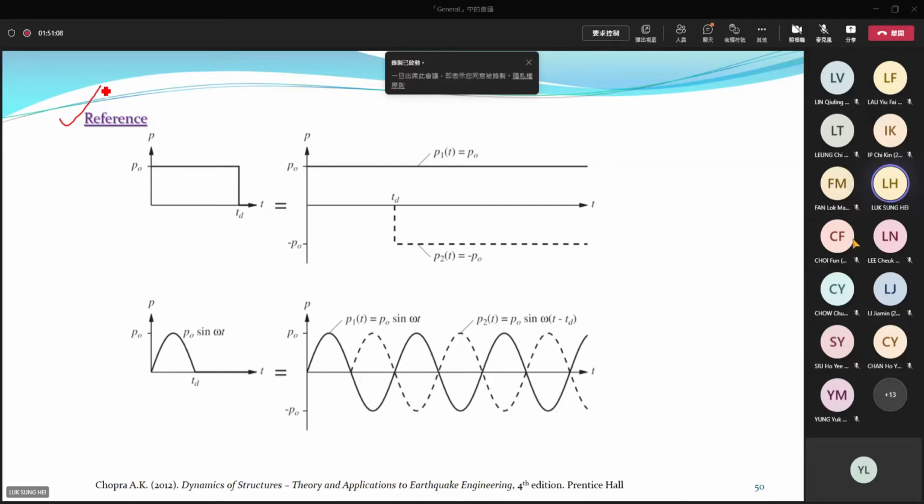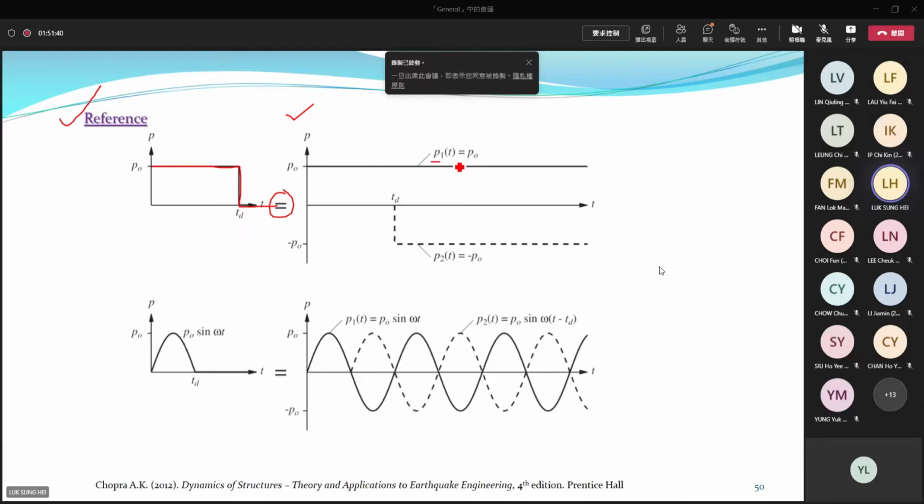Suppose you would like to consider a square pulse, a rectangular pulse. The pulse magnitude is equal to P0. The duration is Td. Beyond Td, the values drop to 0. So how to use superpositions? The idea is quite trivial. You may present a loading using two-step force equal to the scenario on the right-hand side.